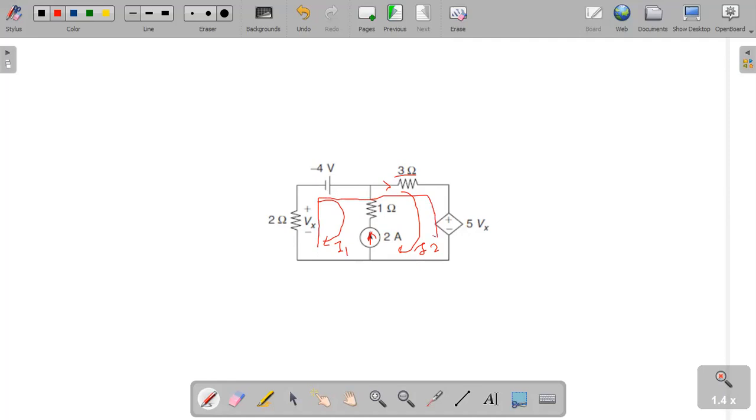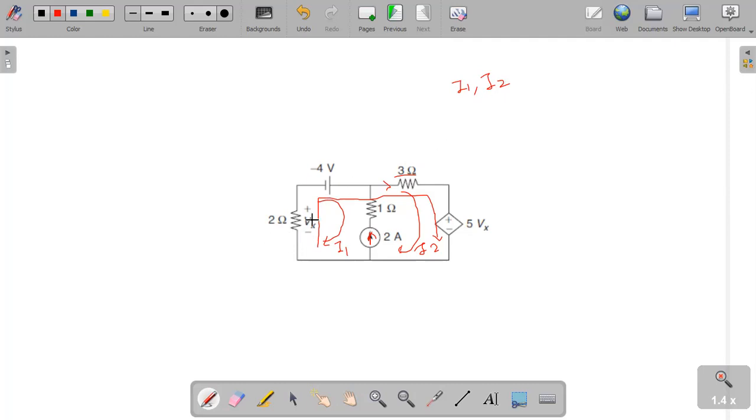Okay, so let us try to write the KVL equation for this. Again, we are interested in the current I2 which is flowing through the 3 ohm resistor. So it will be better if we have all the equations in terms of I1 and I2. But other than I1 and I2, we have a third variable, Vx. So let us convert this Vx in terms of the current.